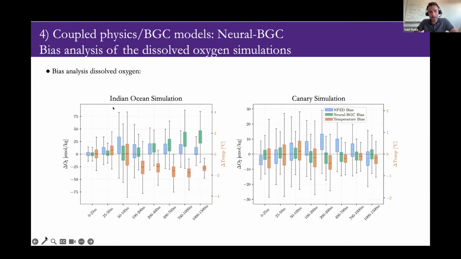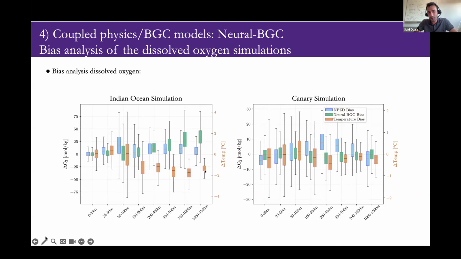And if we compare the Indian Ocean simulation and the Canary simulation, what happens is that in the surface, or in the upper ocean layers down to 2000 meters, the Neural-BGC model is actually doing quite well, and it's in the deeper ocean layers where Neural-BGC starts developing a serious bias in simulated dissolved oxygen.